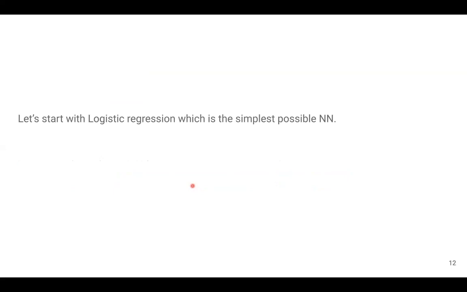So we will learn all these ideas using this simple example, and then we will apply them to neural networks. It is always easier to discuss things using a simple example to get the intuitions correctly, rather than trying to learn with a very complex example. Then intuitions get lost a little bit in the technicality. That is why we are starting with the simplest possible neural network, which is also called logistic regression.